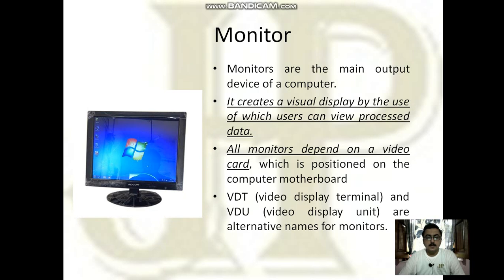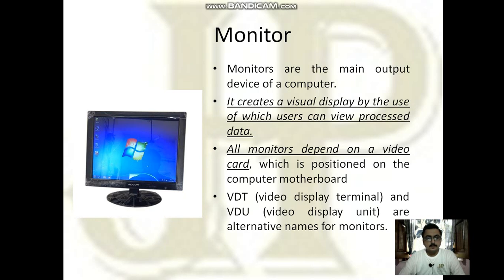All monitors depend on a video card which is positioned on the computer motherboard. As I already discussed, for input and output devices we need a mediator known as a device controller. So the video card is a device controller.